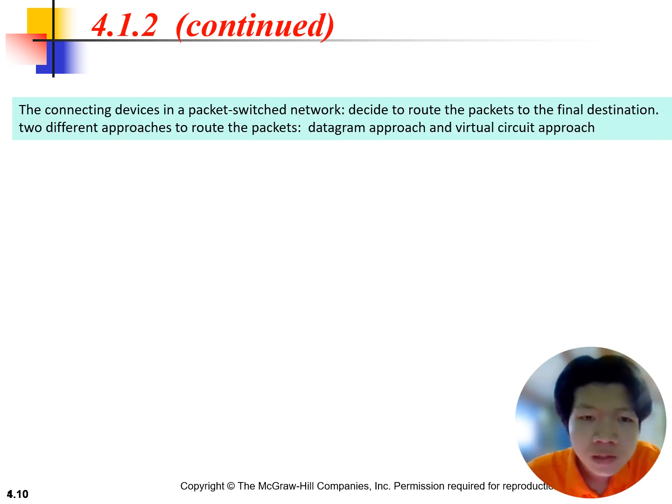The connecting devices in a packet switch network decide how to route the packets to the final destination. There are two different approaches to route the packets: the datagram approach and the virtual circuit approach.